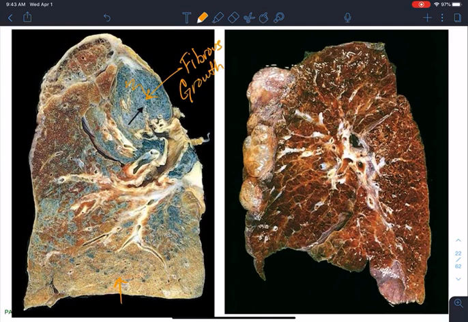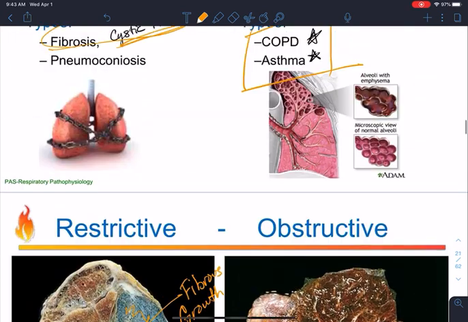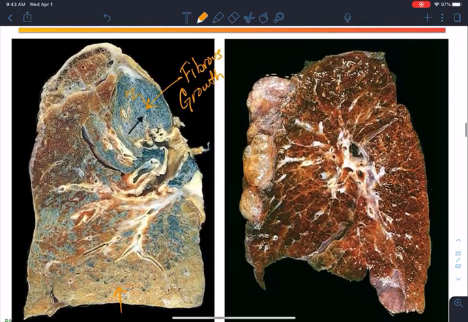And then on this side, what you've got is more of the obstructive type, and you're going to see a lot of necrotic tissue. So when the tissue gets black, it's necrotic. And that means it's dying, and it's, I spelled that wrong, didn't I? It's dying, and it's no longer functional.